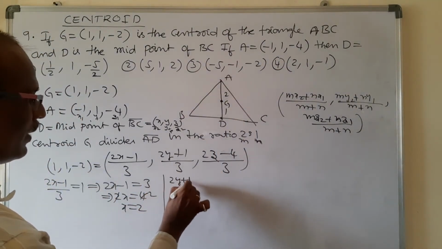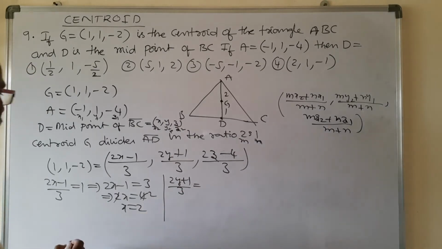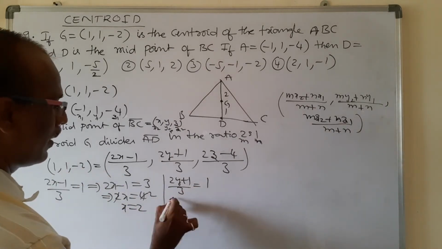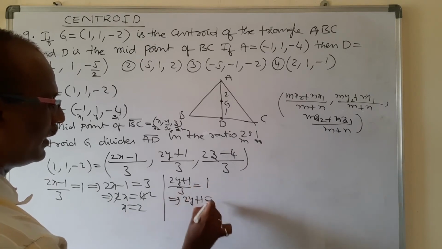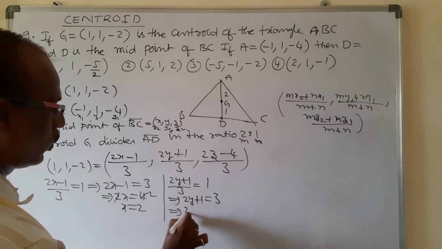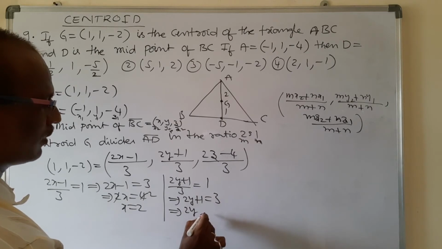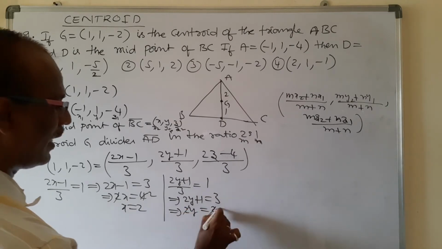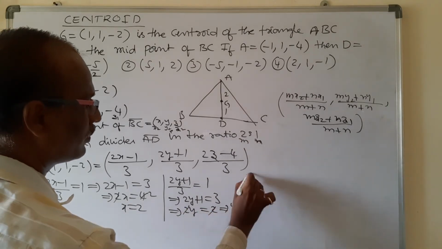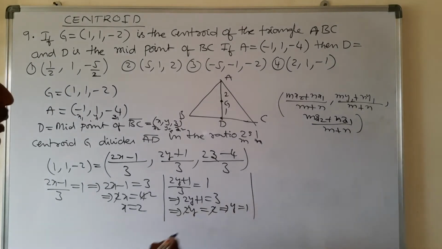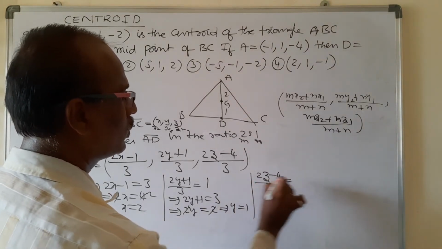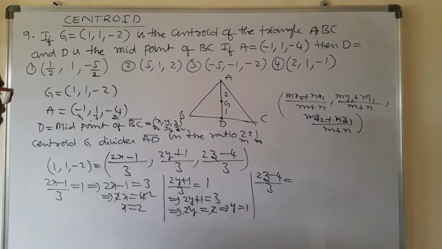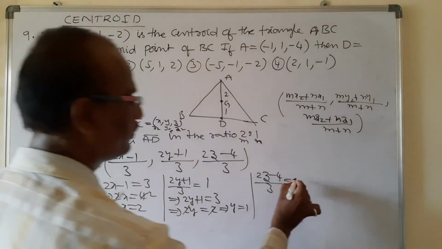2y plus 1 by 3 is equal to 1. Cross multiply: 2y plus 1 equals 3. 2y is equal to 3 minus 1. 2 gets cancelled, y is equal to 1. 2z minus 4 by 3 is equal to minus 2.